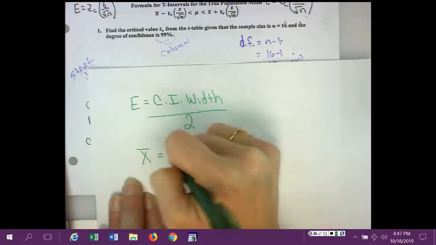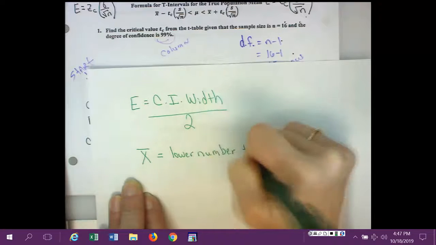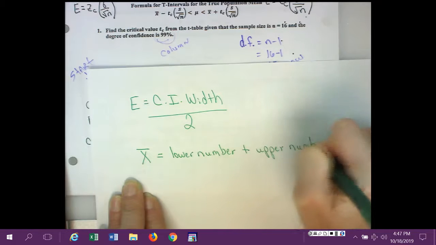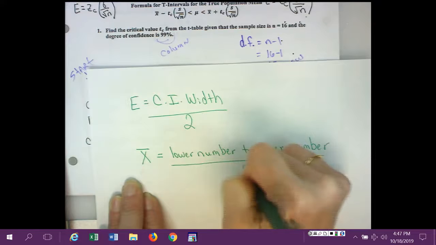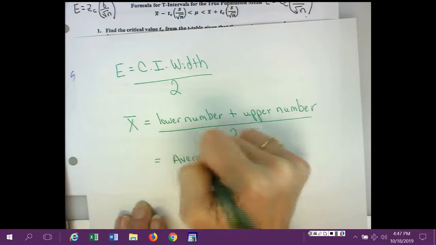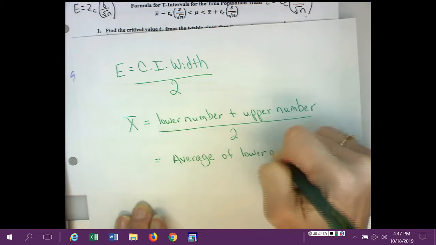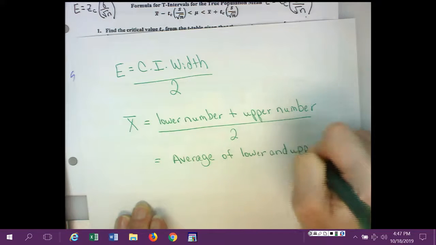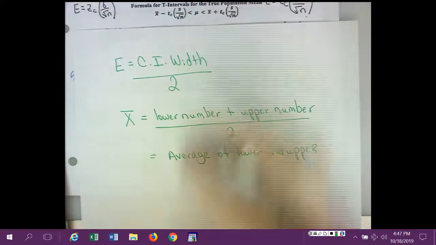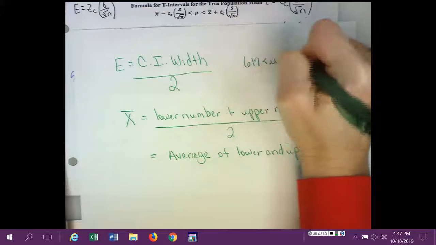It is the lower number plus the upper number divided by 2, which ends up being the average of the lower and upper when they give you a confidence interval. And in this case, they gave us 6.17 less than mu less than 8.53.